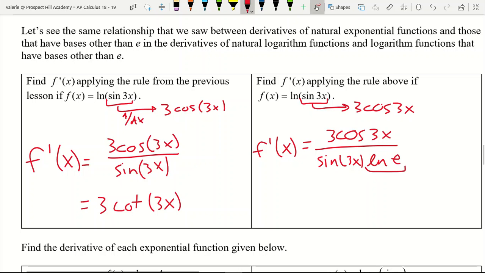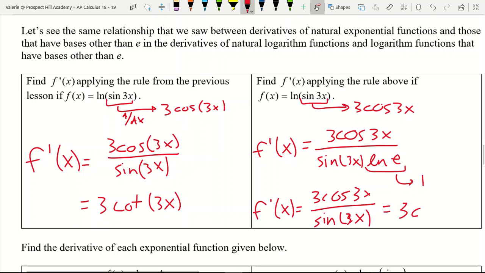And ln e we know is going to be 1. So f prime of x equals 3 cosine 3x all over sine 3x, which is just 3 cotangent 3x.